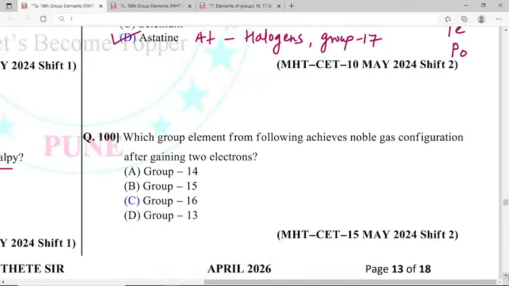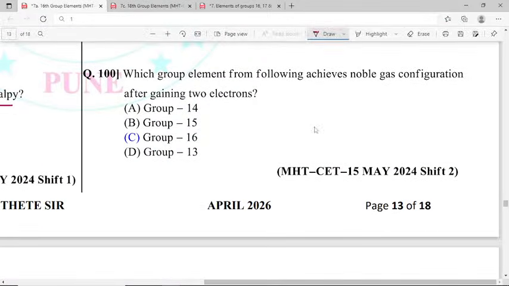Okay, next question: which group achieves noble gas configuration? 2 electrons, noble octet completed with 8 electrons. So this has 6 electrons in the valence shell, group 16.